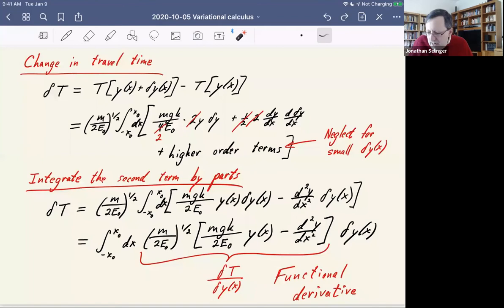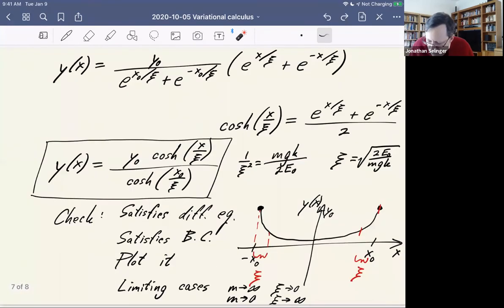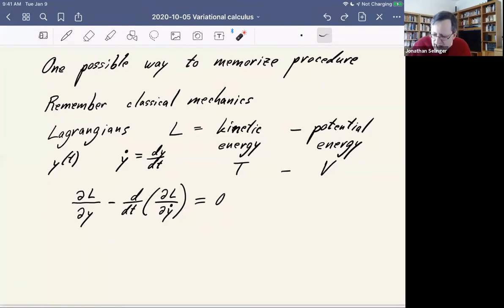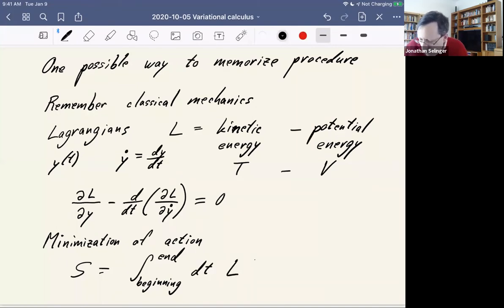And that is not just a coincidence, but rather Lagrangian mechanics can be derived from the minimization of something called the action, which is the integral from the beginning to the end, dt, of the Lagrangian.